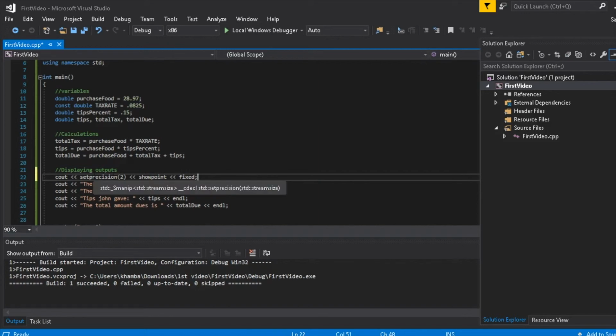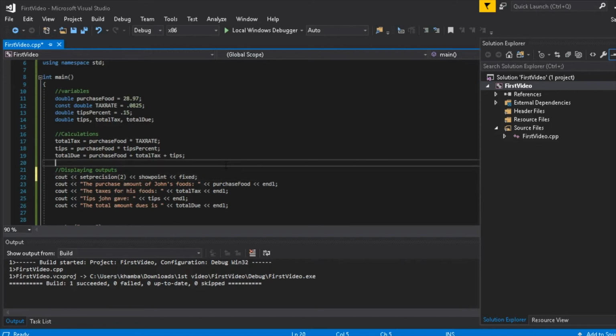Set precision is how many decimals we want to have on the numbers. I chose 2. You can choose 3, 5, 4. Number 2 means point and 2 decimals, 2 numbers. If this has 3, then 29.003, something like that. Okay, let me display again.